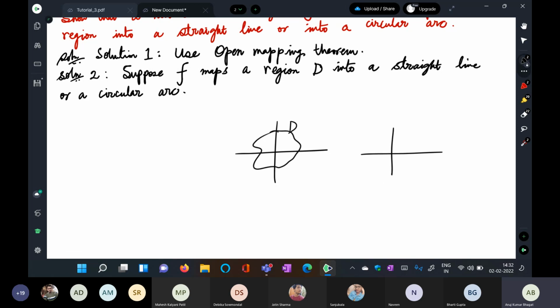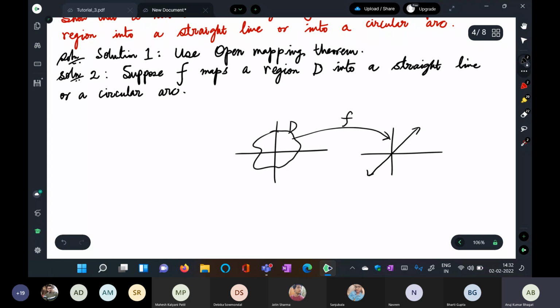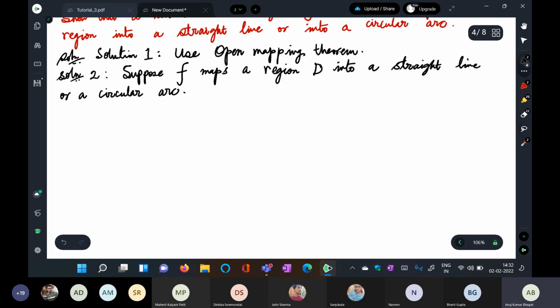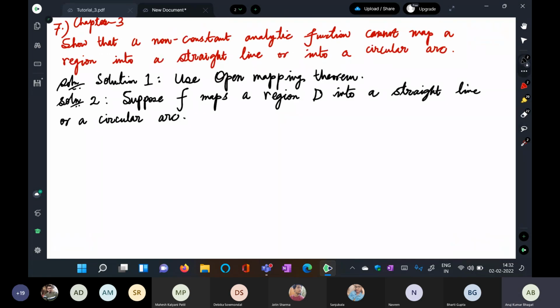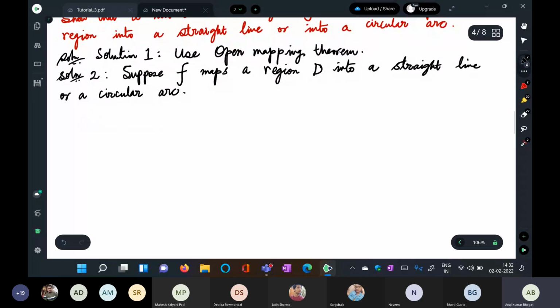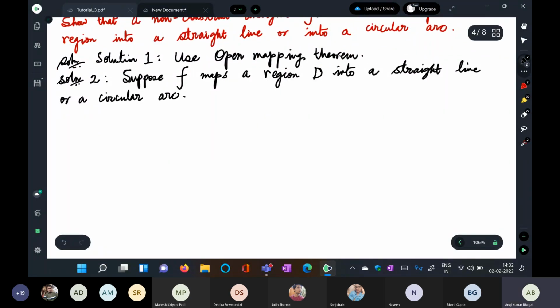This map is mapping the whole of D to some straight line like this, or the image of f is like a circle, some circular arc. So this is what the question says. I am assuming that this map maps a region D into a straight line or a circular arc, and I will show that this leads to a contradiction.